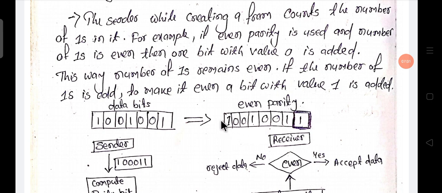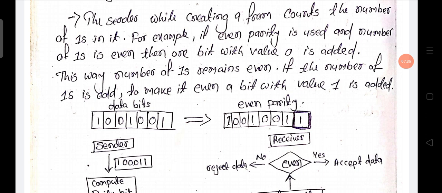This way the number of 1s remains even. If the number of 1s is odd, to make it even, a bit with value 1 is added. Our aim in even parity is to have an even number of 1s by any means, and in odd parity an odd number of 1s.